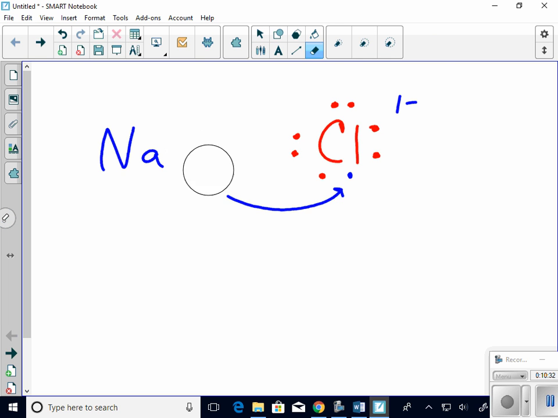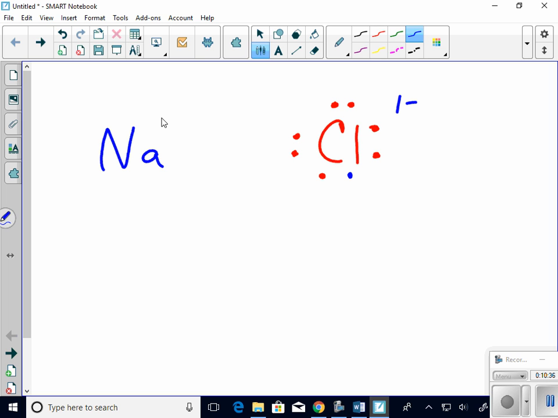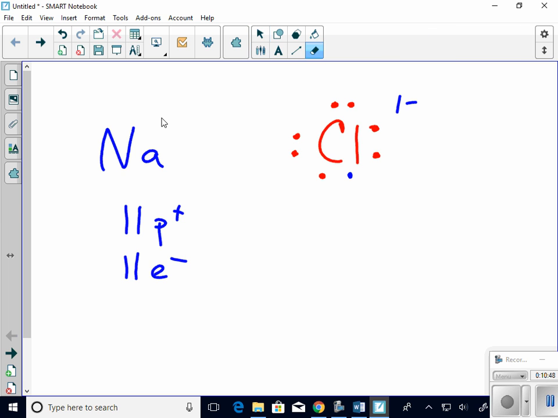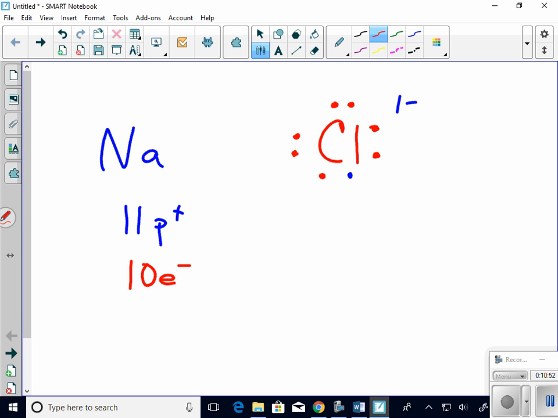Well, when that happens, my sodium, sodium was 11 protons, 11 electrons. Now, all of a sudden, sodium has 10 electrons because it gave 1 away, so it's going to have a 1 plus charge, right?